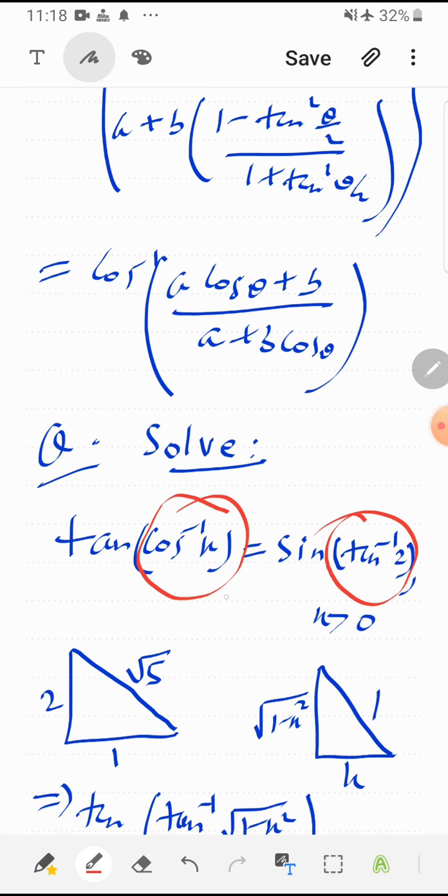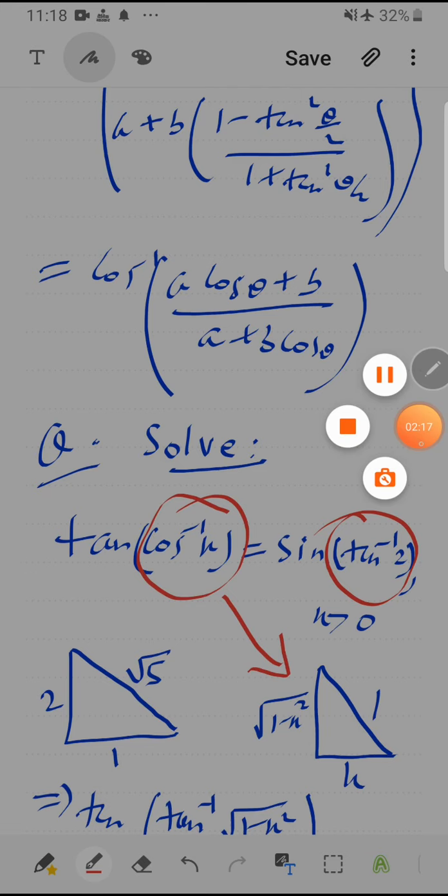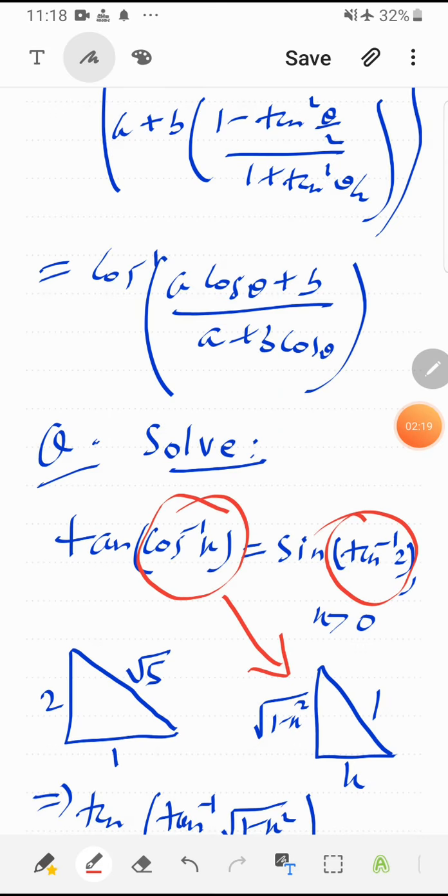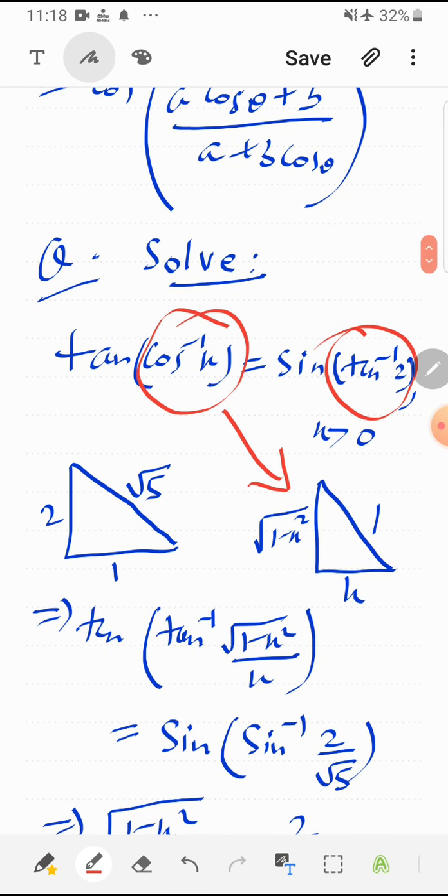For cos inverse x, let us make this triangle, and by Pythagoras theorem I am finding the perpendicular, base and hypotenuse so that it is p upon b, so it becomes tan inverse.